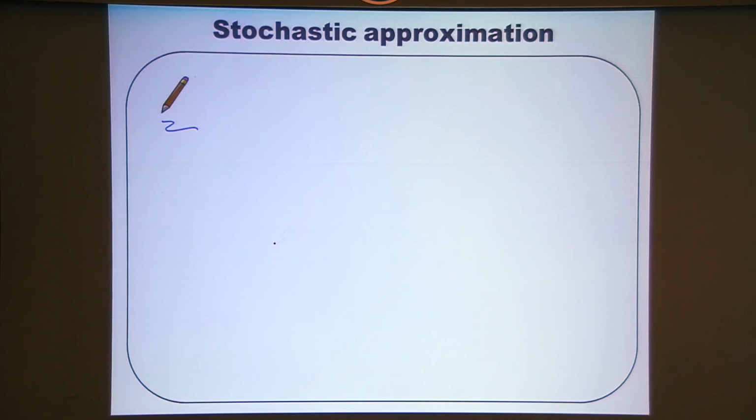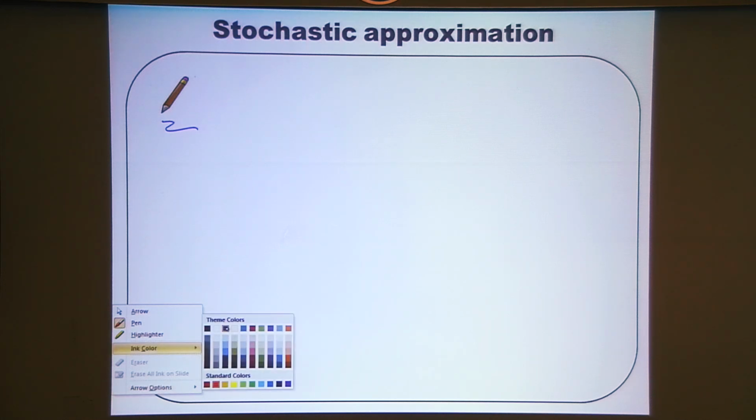So, stochastic approximation. You've already been introduced to it, I believe, but I'm just going to give you a quick intro to it, because it will relate to the rest of the talk when we go and talk about things like maximum likelihood and CD and so on. So imagine we have the following setting.